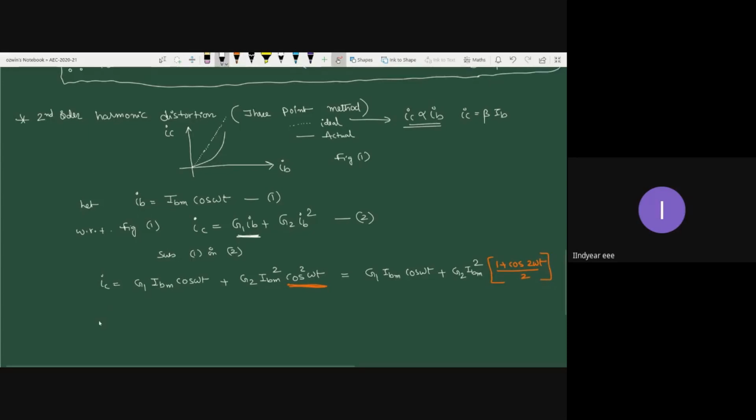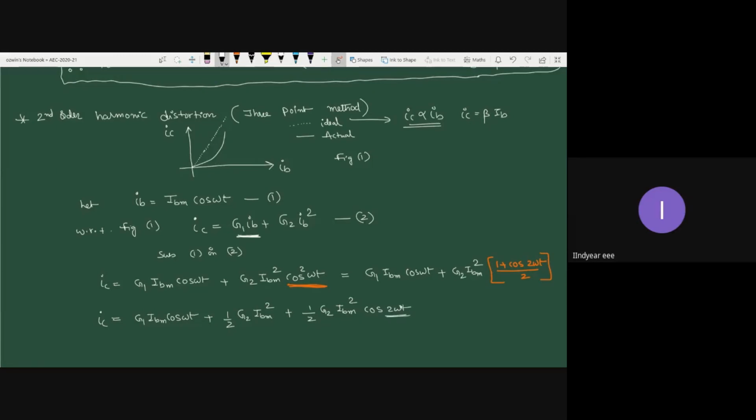Or you can further simplify. IC is equal to G1 IBM cos omega t plus, multiplying with the first term, G2 IBM square divided by 2, so it is 1 by 2 G2 IBM square, plus the third term, that is half G2 IBM square cos 2 omega t.